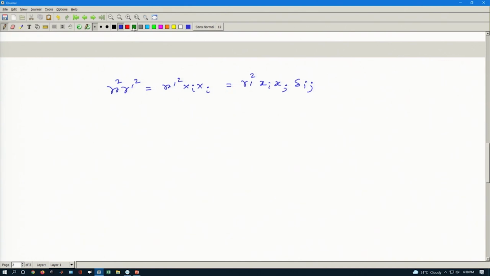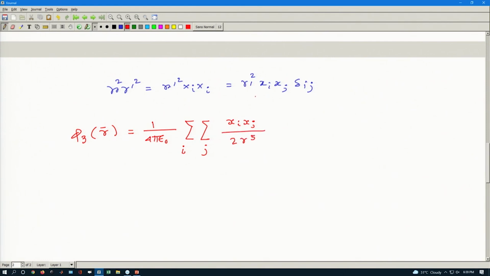So my phi 3, which is a function of r, is simply 1 divided by 4 pi epsilon naught, and if I write it component-wise, let me write in an explicit way, i and j, and then I have x_i x_j divided by 2 r to the power 5.